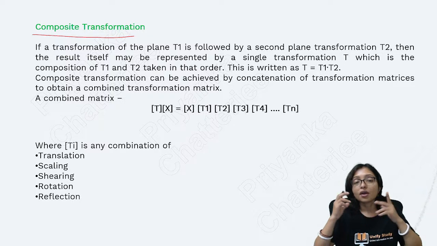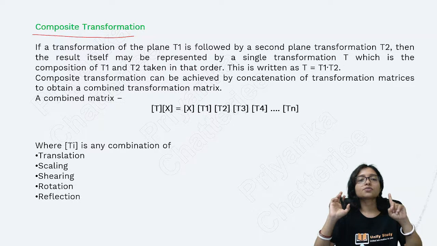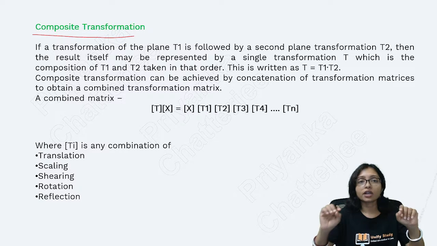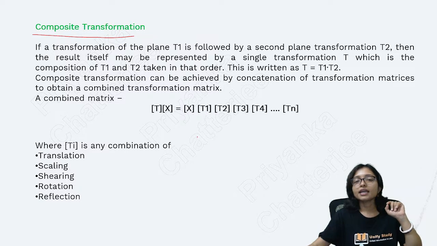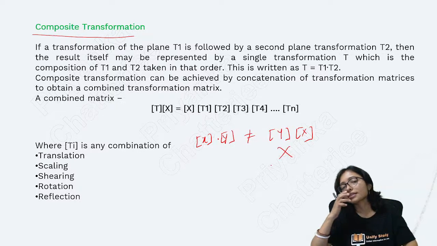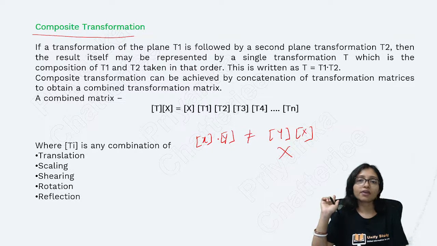But at the time of composite transformation, you have to be very careful about the order, because in matrix multiplication, if I am doing x dot y, that is never equal to y dot x. That's why order is a big factor here.